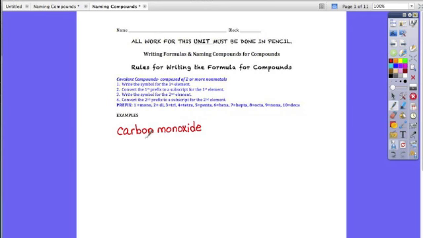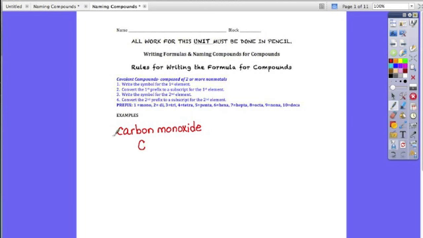Here we have carbon monoxide. And I want you to write the formula for this compound. Now, this is a covalent compound because both carbon and oxide are nonmetals. So the rules are the same. So the rules for writing the formula would be 1, write the symbol for the first element. So the symbol for carbon would be C. 2, convert the first prefix to a subscript for the first element.